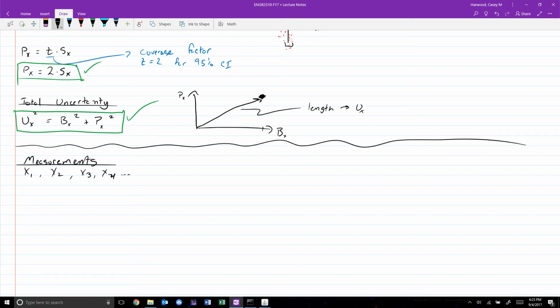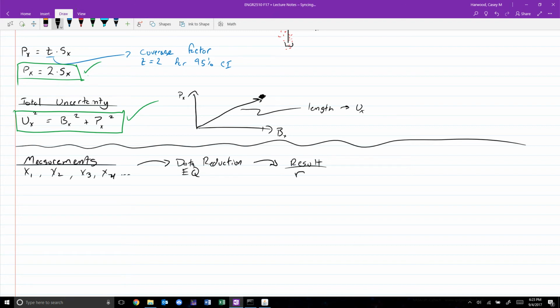There can be as many measurements as you care to use, which are fed into some data reduction equation, which spits out some result of interest that we're going to call R. Typically, when you're doing an experiment, R is the thing you're interested in.